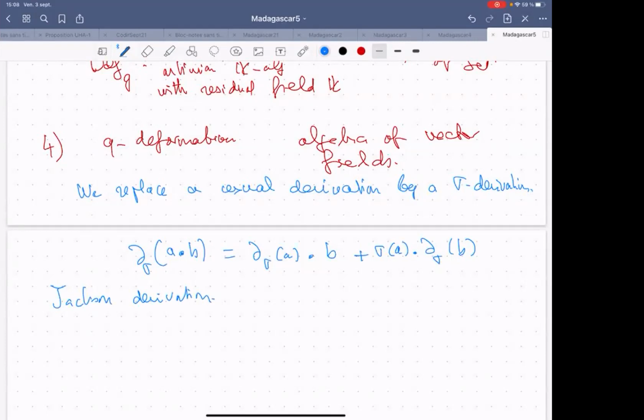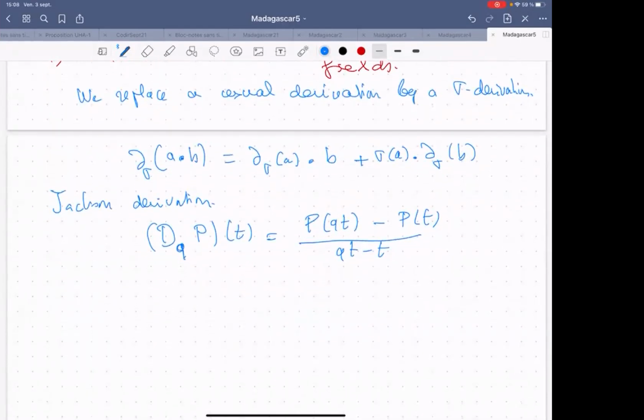We deal with polynomials here, and this derivation D_q, with a parameter q that we fix, is our quantum element q, and D_q of a polynomial P(t) is P(qt) minus P(t) over qt minus t.